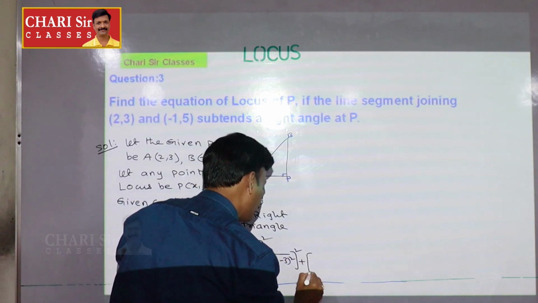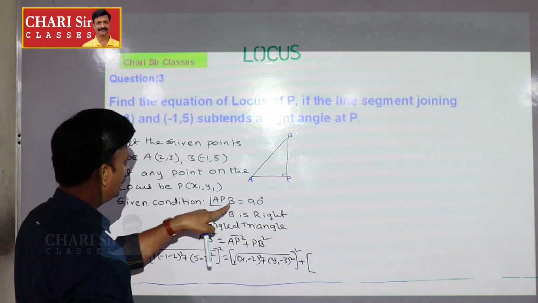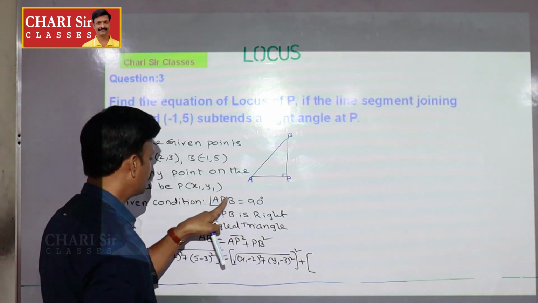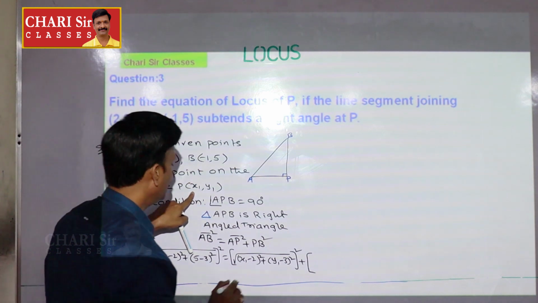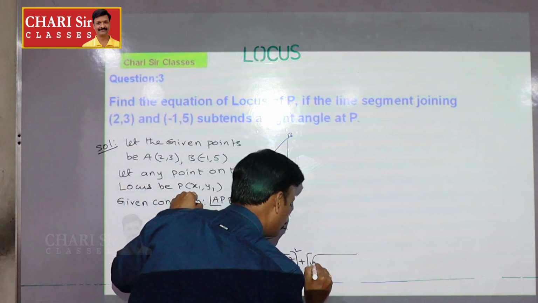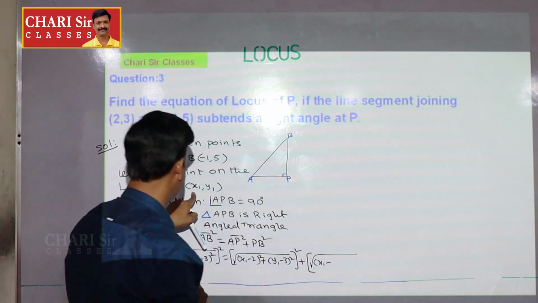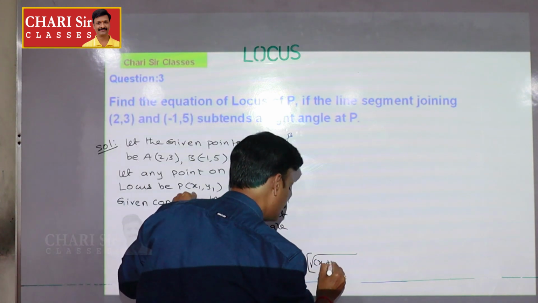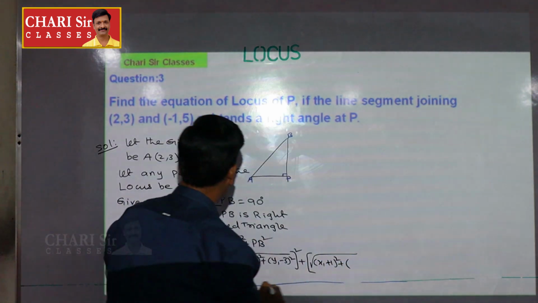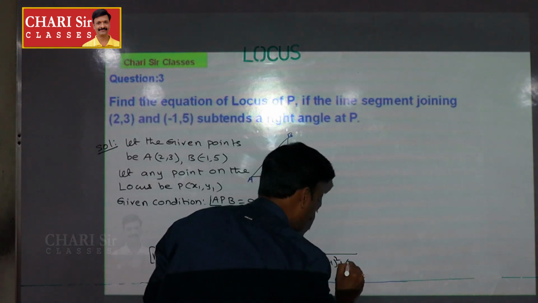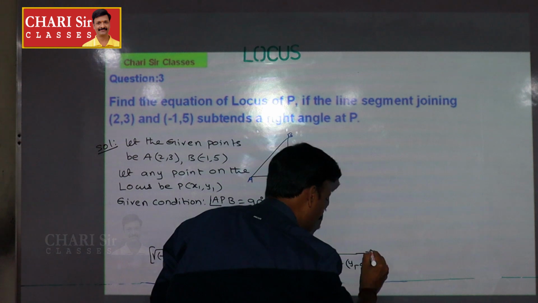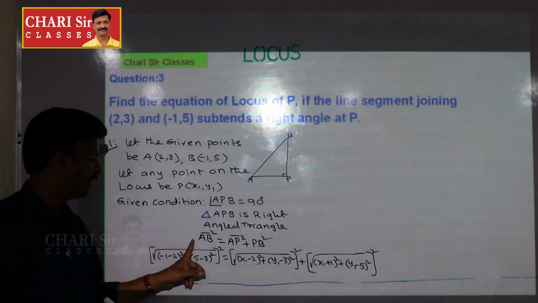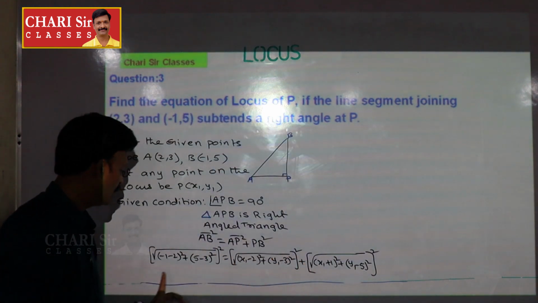PB is nothing but P (x1, y1) and B (-1, 5), so root of (x1 - (-1)) that is (x1 + 1) whole square plus (y1 - 5) whole square, and for this whole square. We just apply the distance formula for all these three.